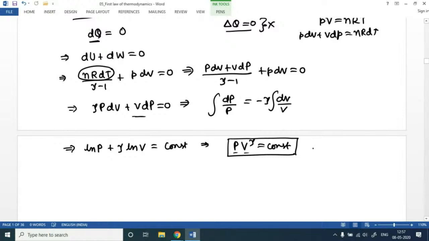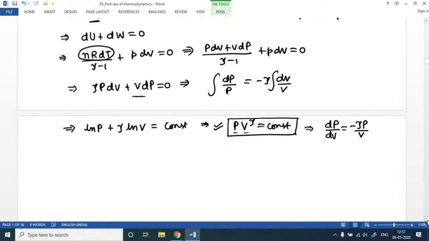And looking at this also, you should also realize the slope of an adiabatic curve dP by dV is nothing but minus gamma P by V. Okay, so this is the process for an adiabatic change, and you can also represent it in terms of temperature and volume and pressure and temperature.